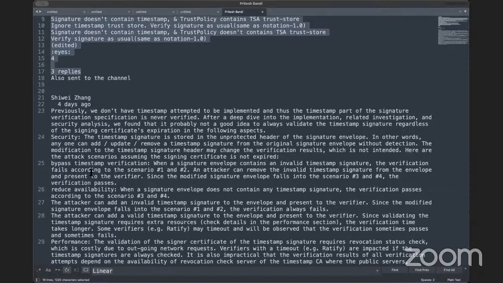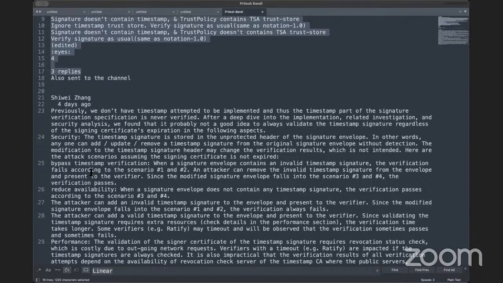I'm not fully convinced because even if they are failing, the verification failure reasons are different, right? Yes, either it can be a timeout or signature verification failed, but there is a failure. So there are other ways to exploit. Yeah, and also, what if the attacker just removes all the timestamping signatures?